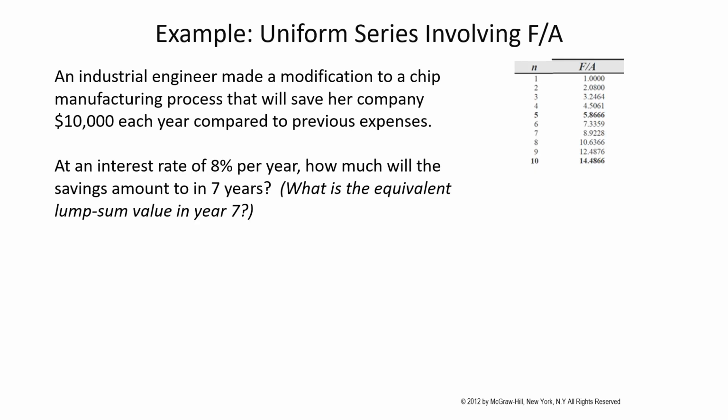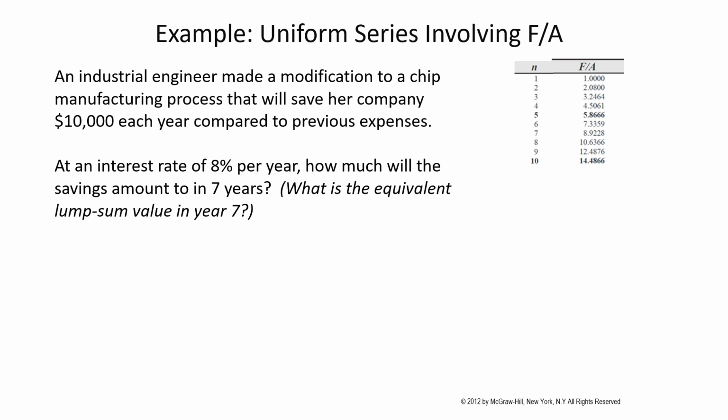So let's say, just as an illustration, an industrial engineer made a modification to a chip manufacturing process that will save her company $10,000 each year compared to previous expenses. So is that an inflow or an outflow? If you're saving money, that means you're shelling out money to save it, right? Is that what the word save means here? Like putting it into an account? This is kind of a special case.